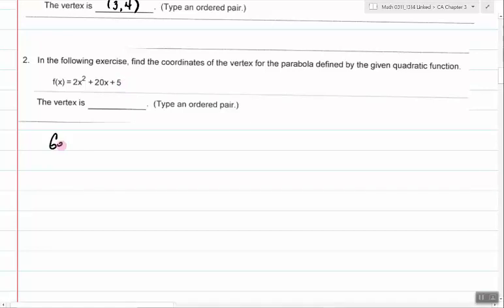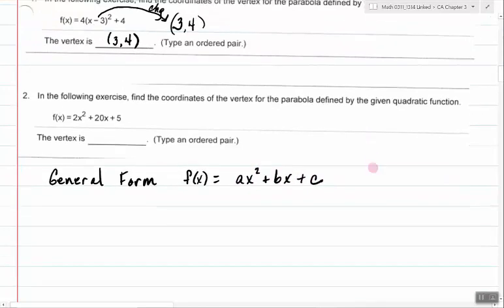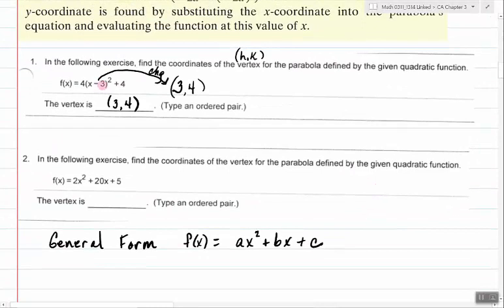So if you have general form of a quadratic equation, which is f of x is equal to ax squared plus bx plus c, you don't see h and k like you do in standard form, f of x is equal to a(x minus h) squared plus k, where you take the opposite of that number to get the vertex.